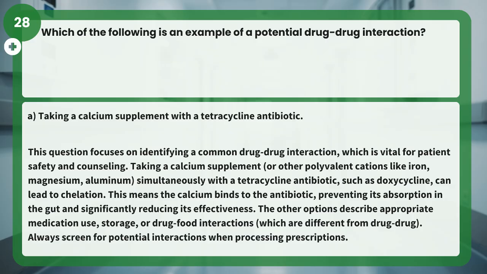This means the calcium binds to the antibiotic, preventing its absorption in the gut and significantly reducing its effectiveness. The other options describe appropriate medication use, storage, or drug-food interactions, which are different from drug-drug. Always screen for potential interactions when processing prescriptions.